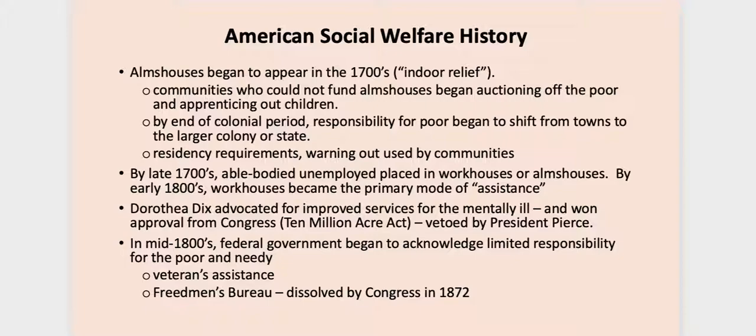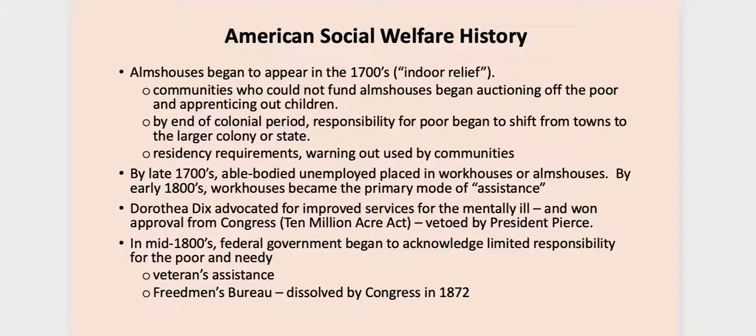In America, during the 1700s, we began to see the presence of what were called almshouses for the poor and those who weren't caring for themselves. The types of relief, which is another term for assistance, could be seen in terms of two types: indoor and outdoor relief.